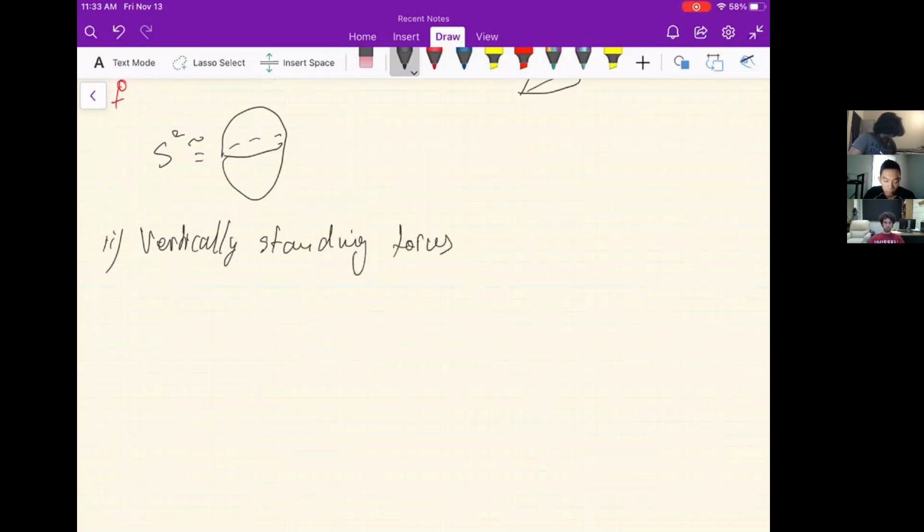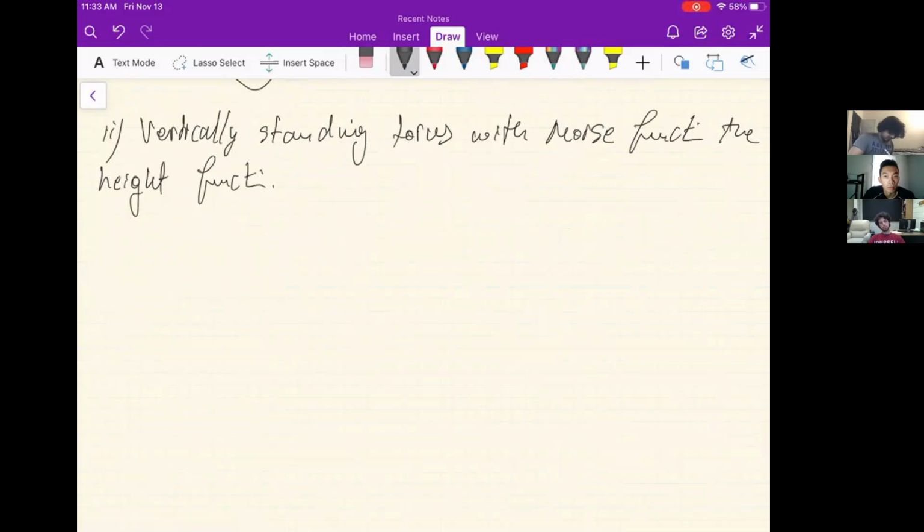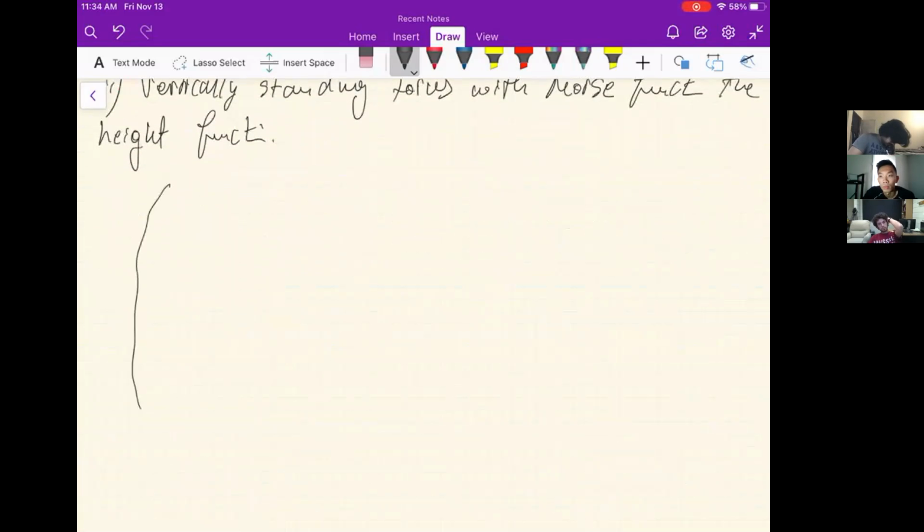The standing 2-torus with the Morse function being the height function. Okay, so let me draw it. That's A, that's B, C, and this is D.